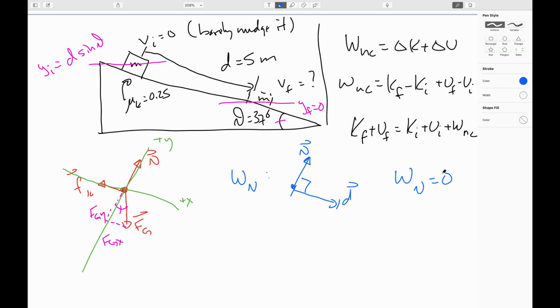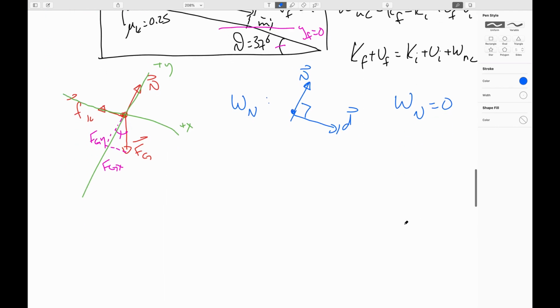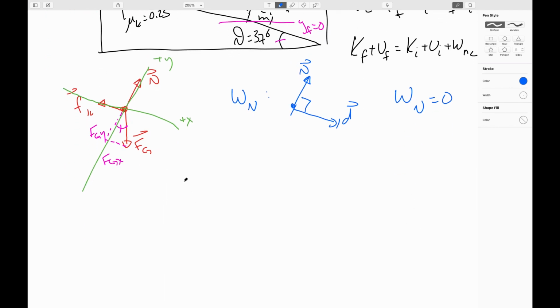So now that leaves us with figuring out the work done by kinetic friction. So we'll say W sub k here. All right, so here, the force of kinetic friction points against the motion. There's our displacement.